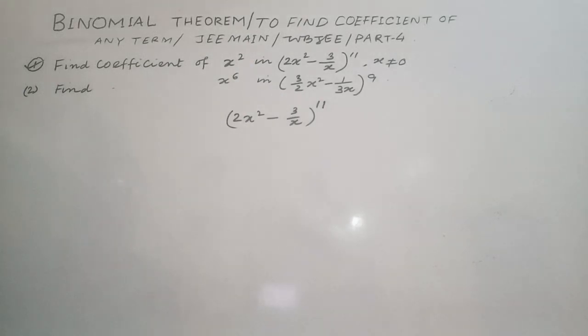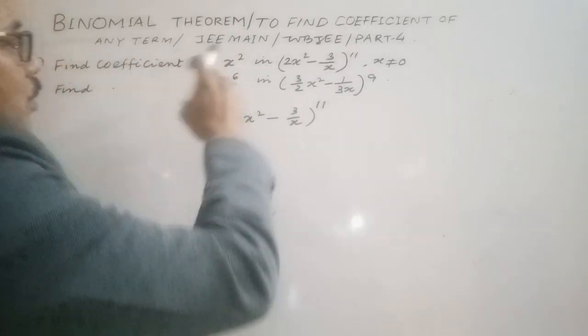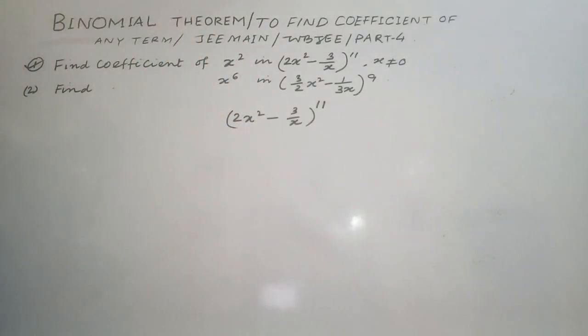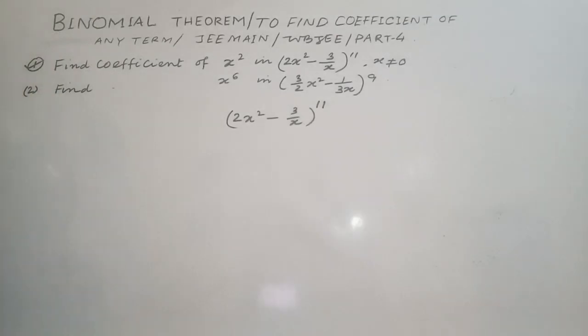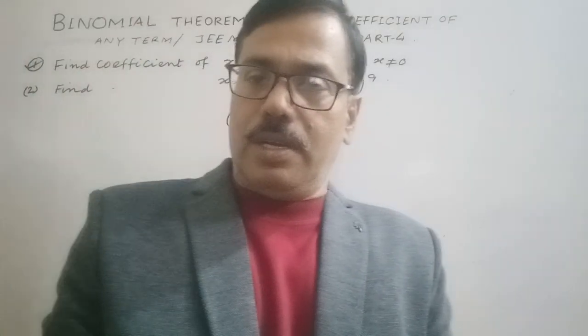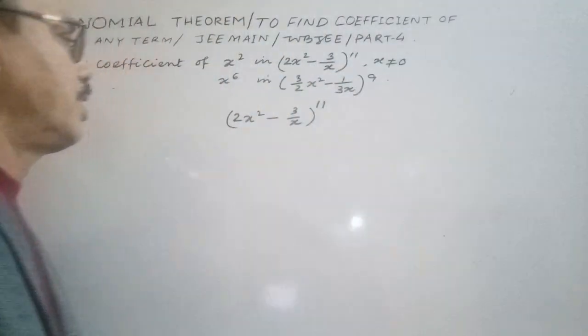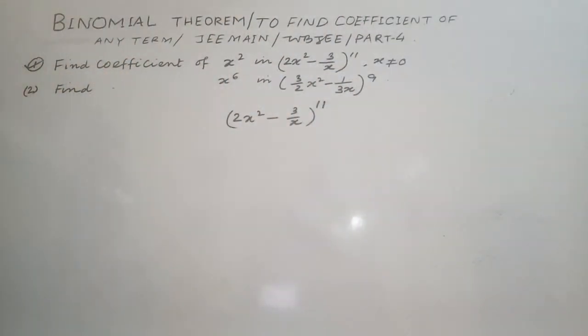Then simplifying 12 terms, we get coefficient of x square, but it will be lengthy. So that is why we use general method.